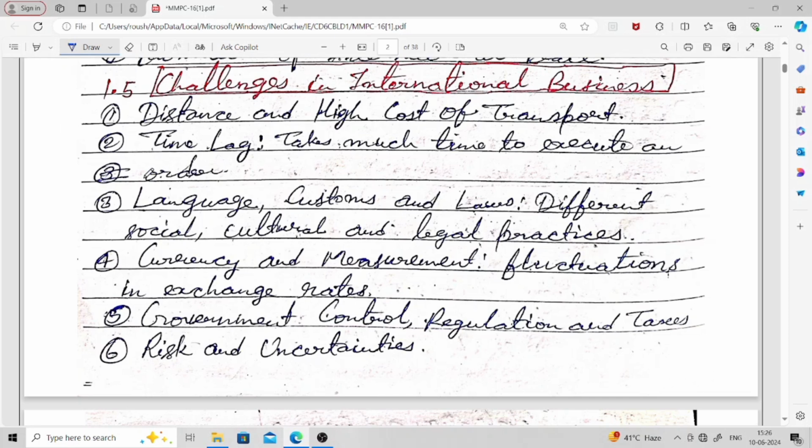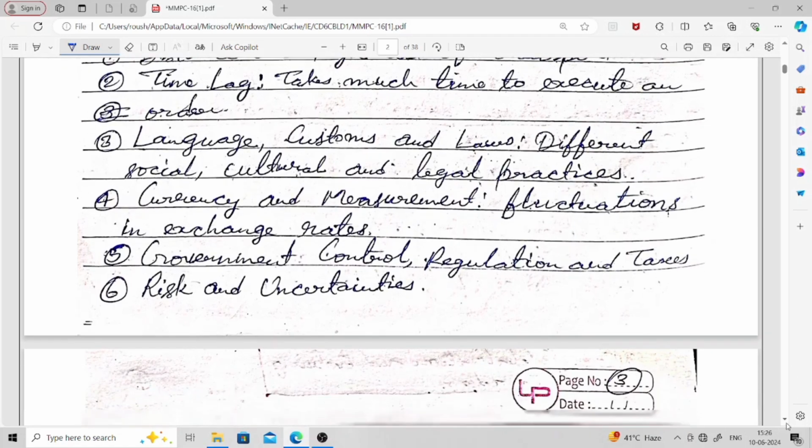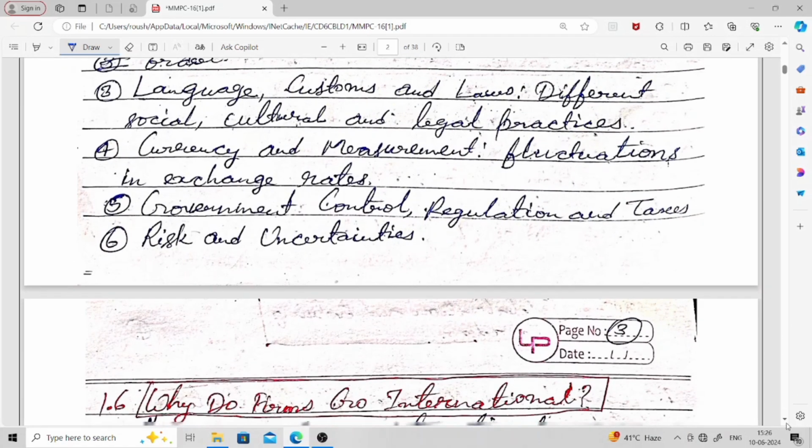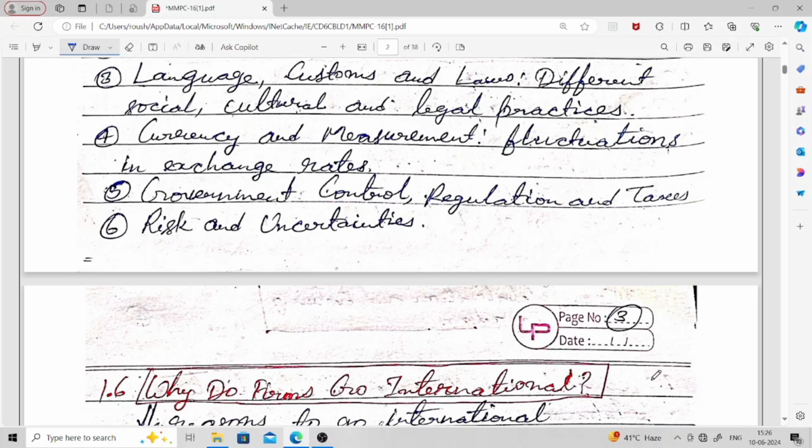Then the next you have language, customs and law. Different social, cultural and legal practices. It means in different countries we have different social, cultural and legal practices. Then the next we have currency and measurement. There is fluctuation in exchange rates.